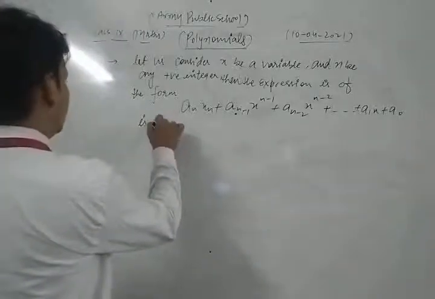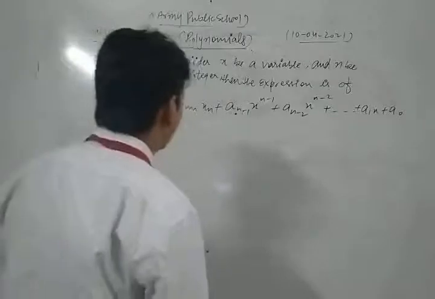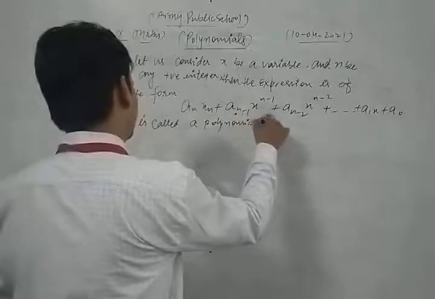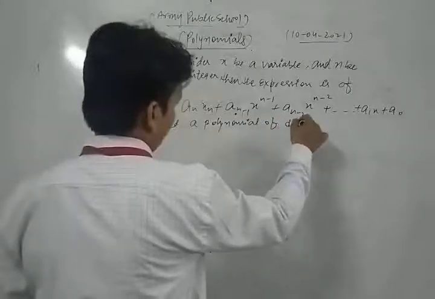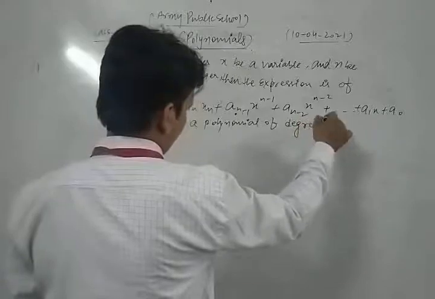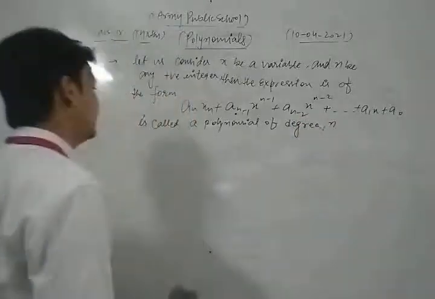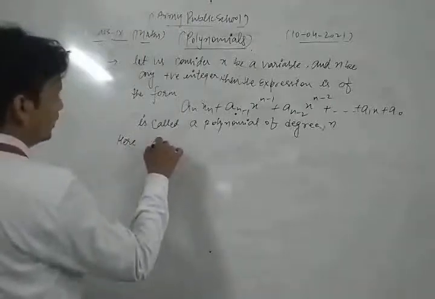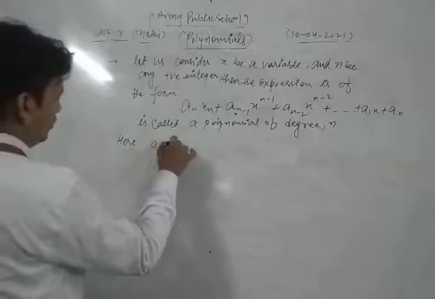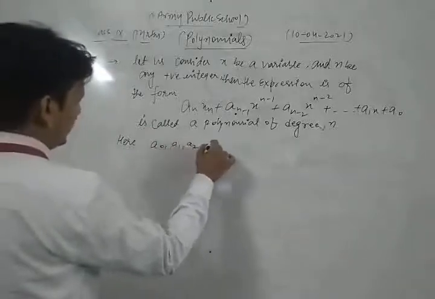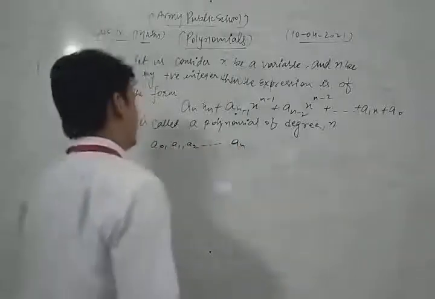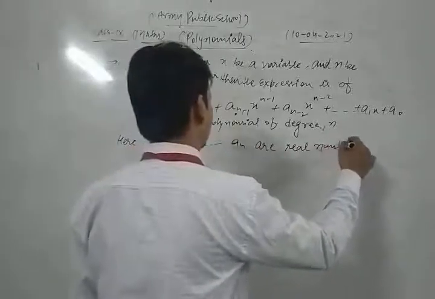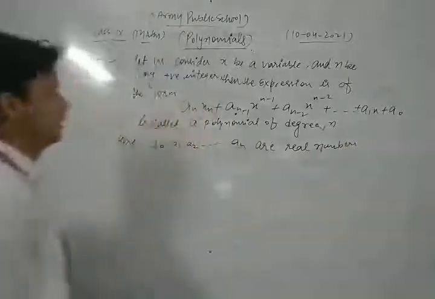The expression of this form is called a polynomial of degree n, and here a_0, a_1, a_2 and so on up to a_n are real numbers.